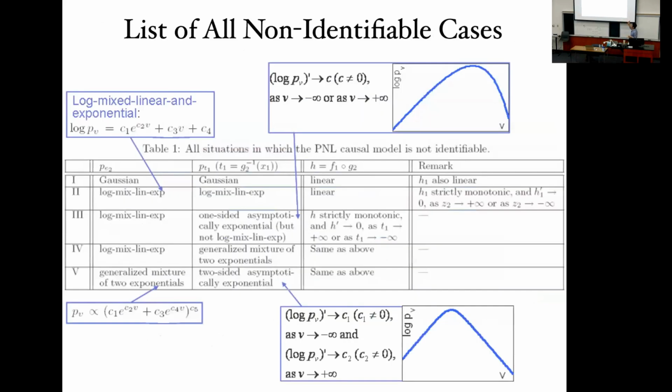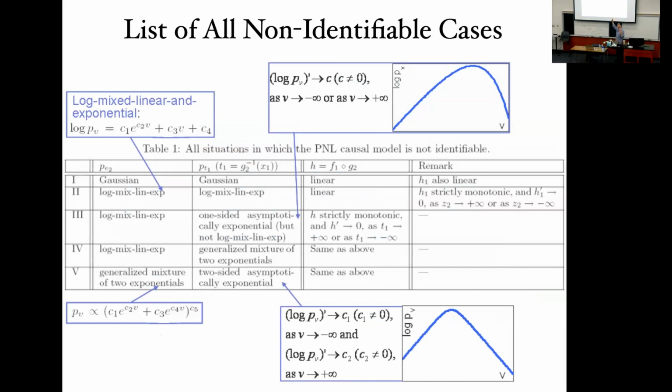Finally, you can see there are only 5 situations in which you can also find independent noise in the reverse direction. The first one right here is the linear Gaussian case. You know it. If both functions in the causal direction and the reverse direction are linear, then this is the only situation.